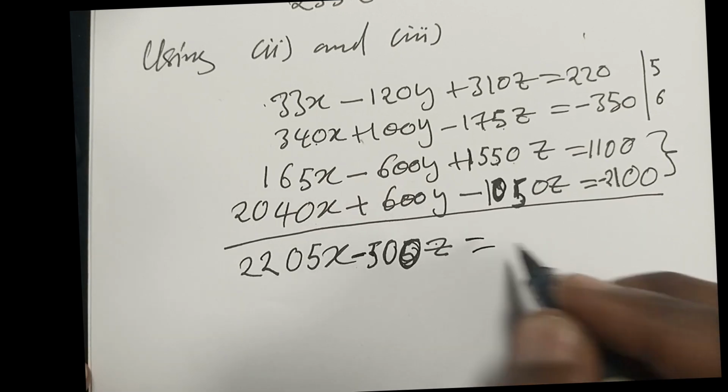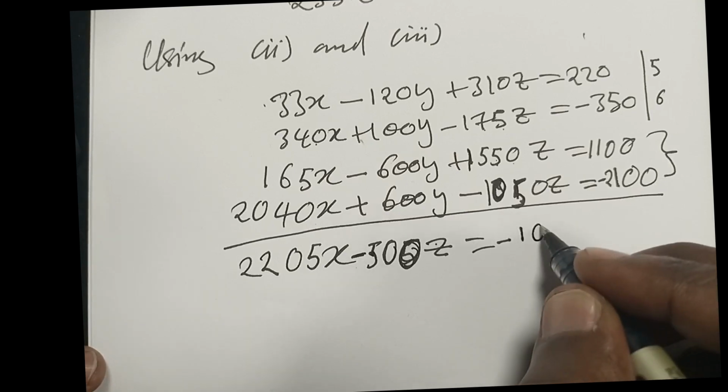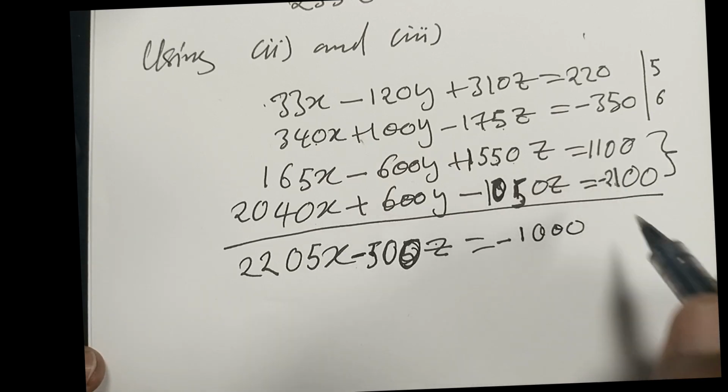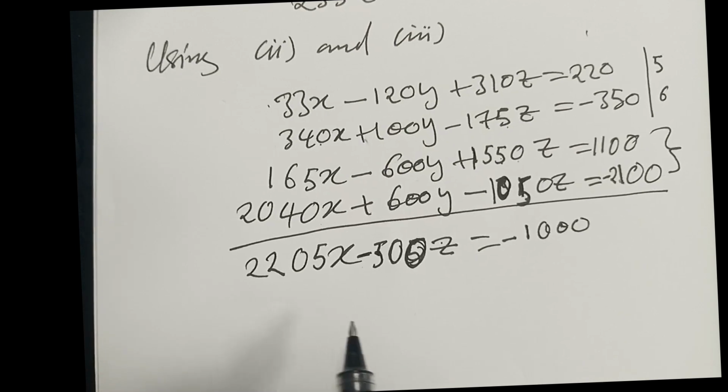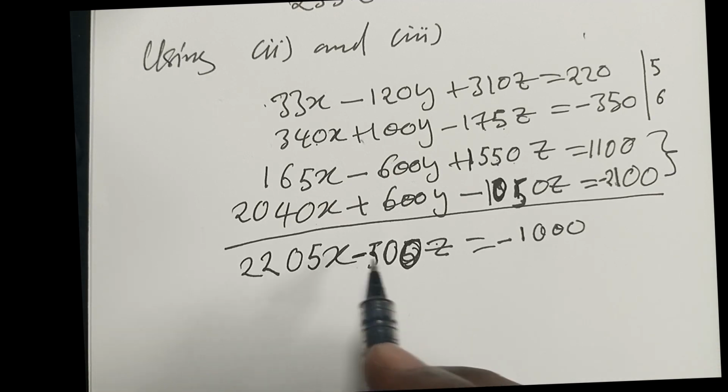Okay, and then now this is going to give you 1000. Subtract these two. Then from here we can divide through by what number? Let's say 500, not a 500, a 5.